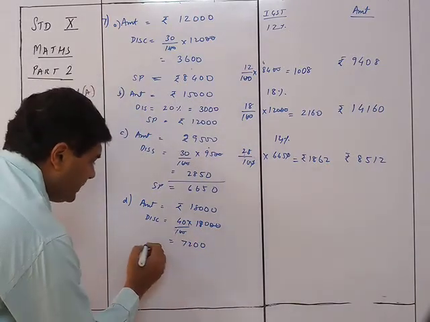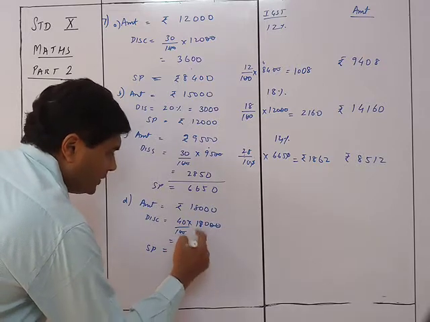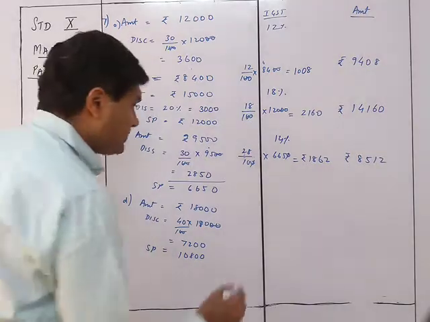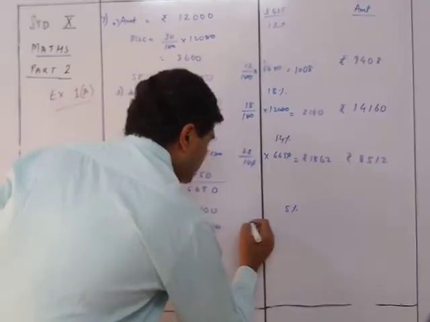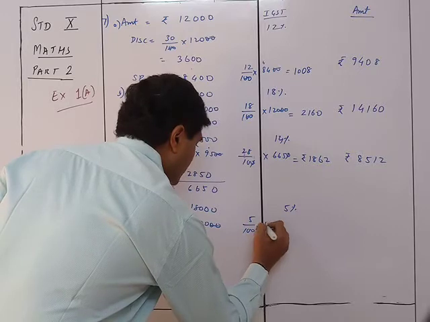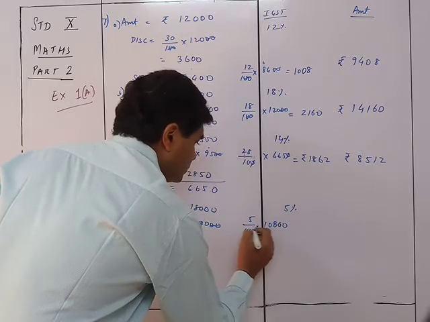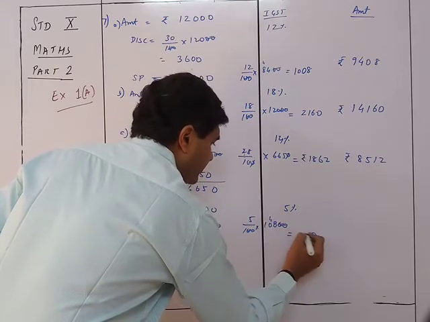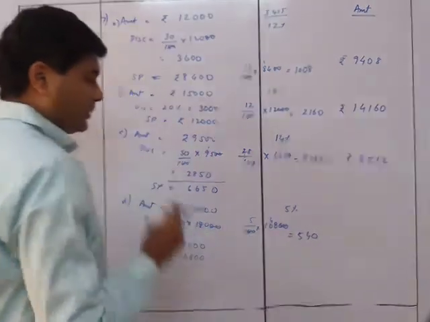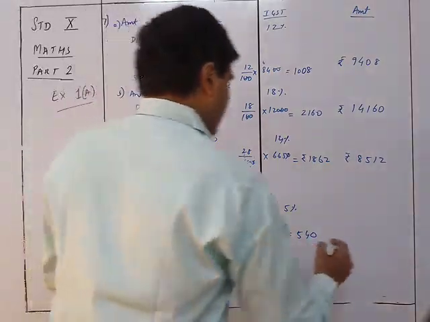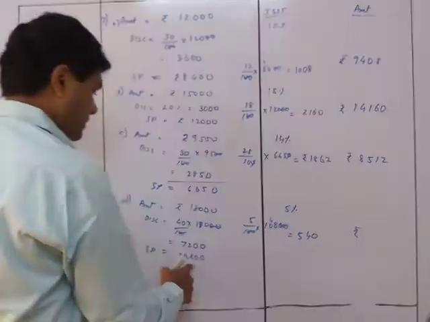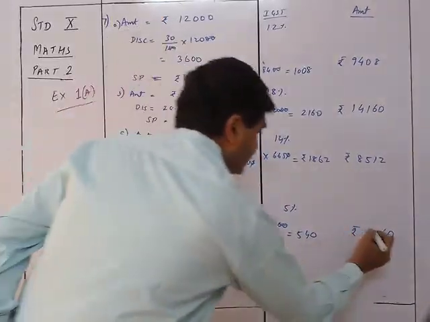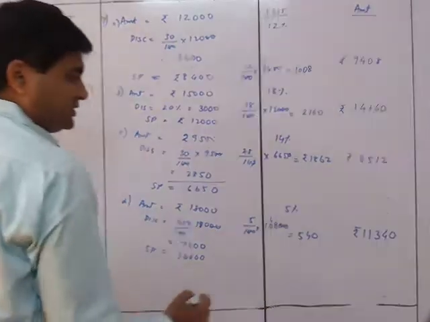So accordingly the SP will be equal to 10800. Now it is given as 2.5%, so it will be 5% as the tax. So 5 upon 100 into 10800. So that will be rupees 540, 5 plus 8, 1311.